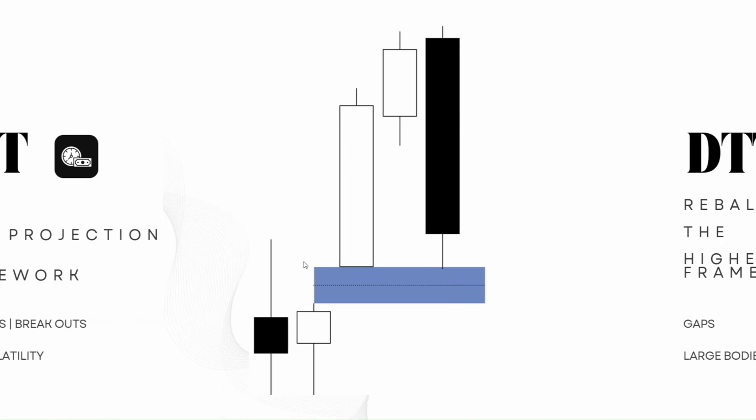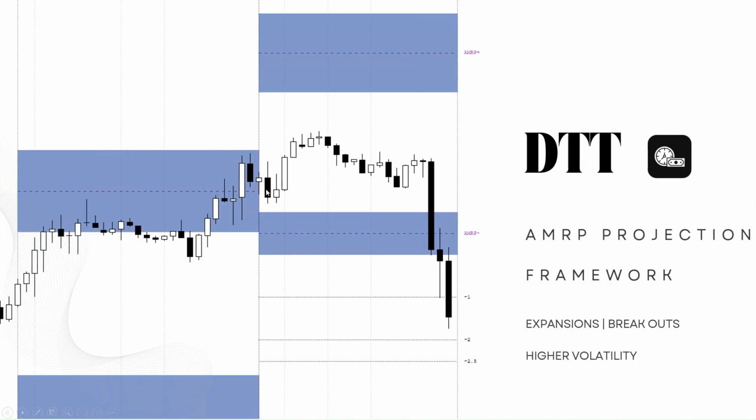And what that would look like with AMRP zones, you'll see it have a bit more volatility than usual, breakout. Confirmation is a closure beneath this zone here, and very quickly the indicator plots the projections.